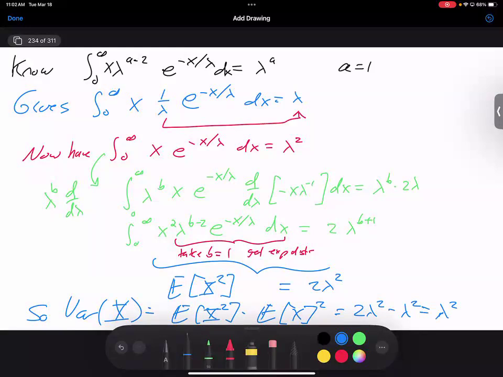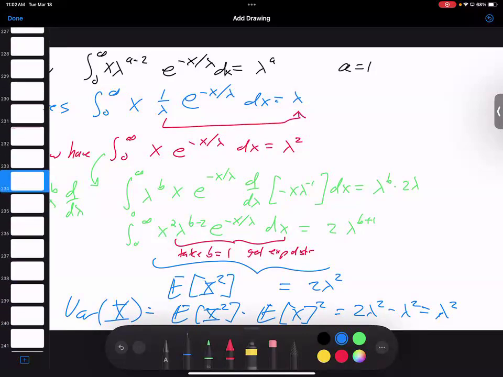So again, whenever you see a technique, you always want to ask, is this worth it? I think this is worth it. These are much easier calculations to do. As an exercise now, you could try to see if you can calculate a general moment. Whenever possible, if you have an expression you want to see, is the answer reasonable?